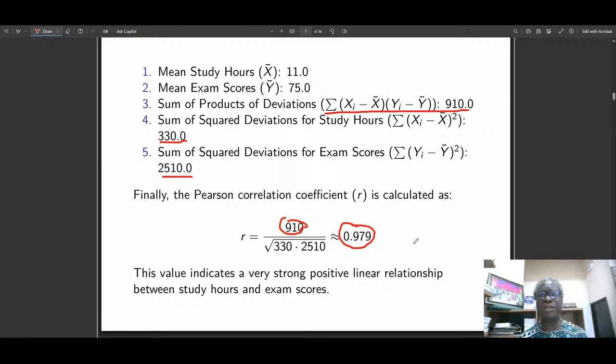First of all, you will notice that the sign is positive, which means the relationship is positive, and that implies that they move in the same direction. So study hours and exam scores move in the same direction.